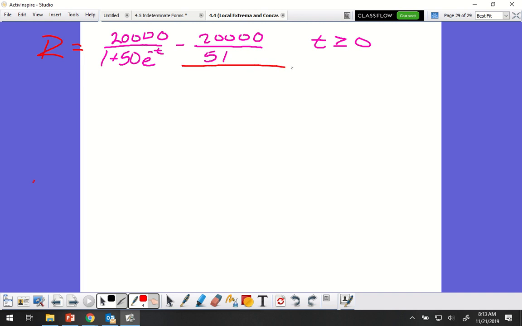So if this is f and this is g, r prime is equal to f prime, which would be 0 times my 1 plus 50 e to the negative t, and minus 20,000.